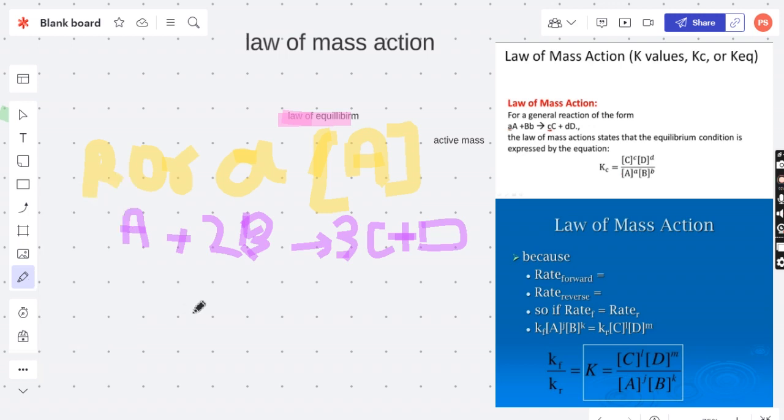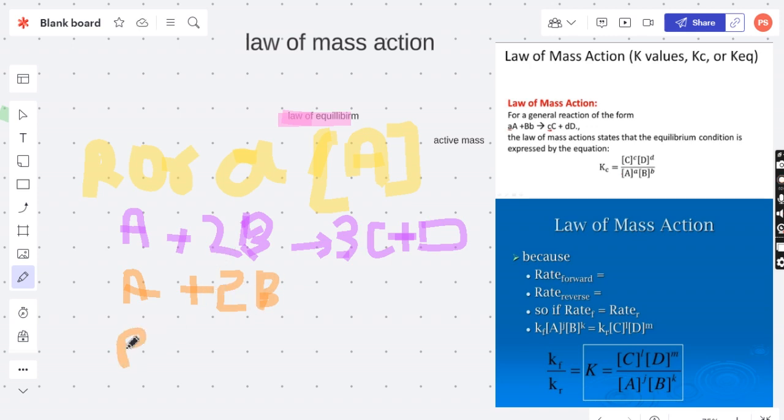First of all, A plus 2B is known as the forward reaction. As I said, the moles will serve as exponent powers.